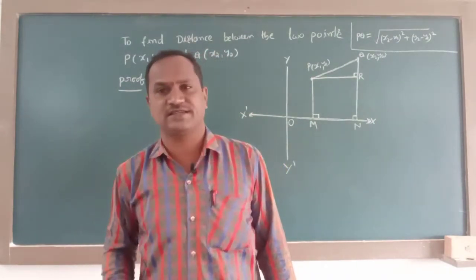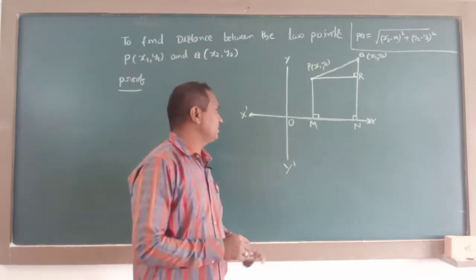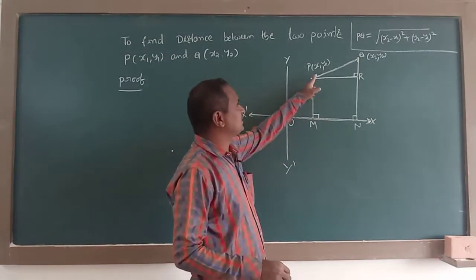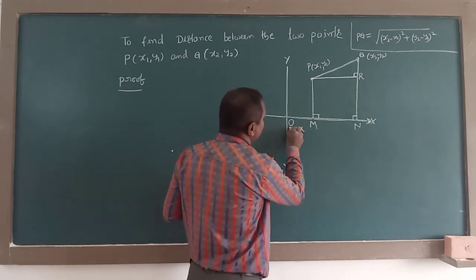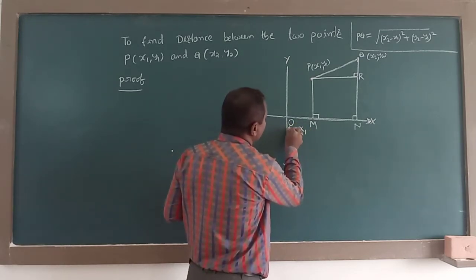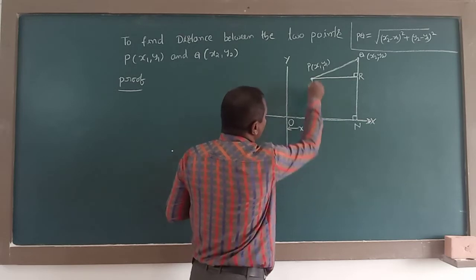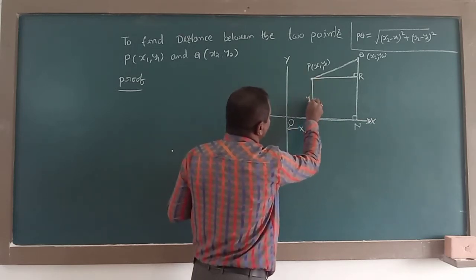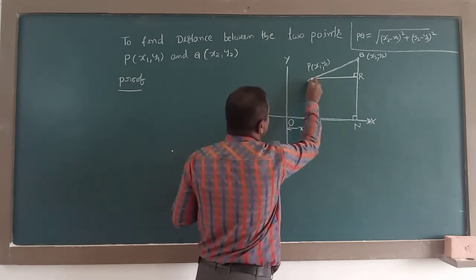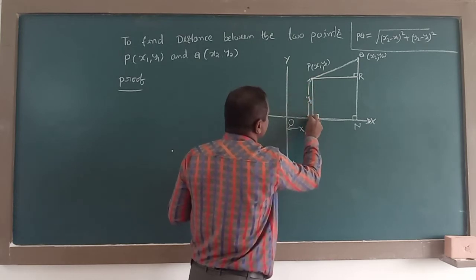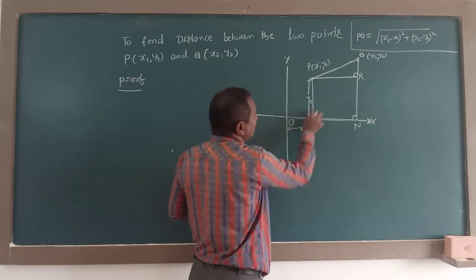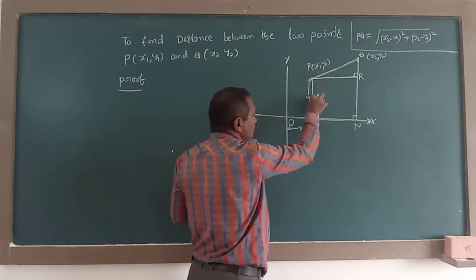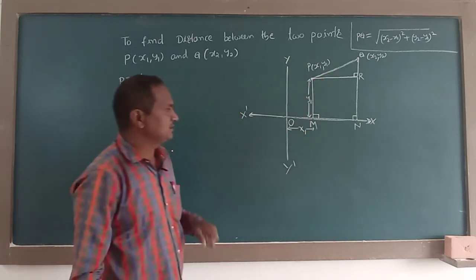If you observe the point (x1, y1), x1 belongs to OM, and PM belongs to y1. The abscissa belongs to the horizontal line and the ordinate belongs to the vertical line.